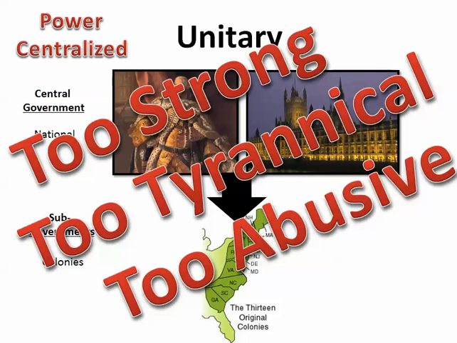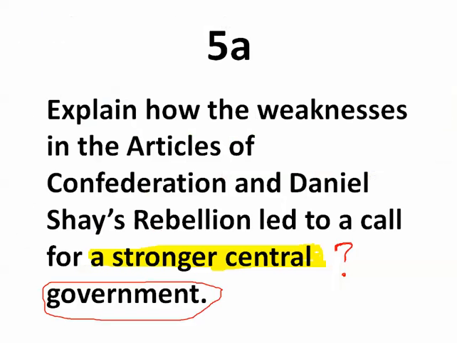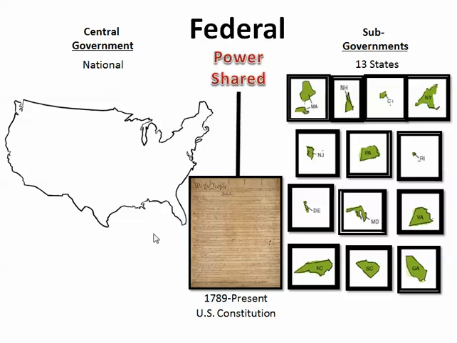And then we changed to one that they said was too weak, the confederal government. So our question was, under the Articles of Confederation, how did the Articles' weaknesses and Shays' Rebellion lead to a call for a stronger government? They want one that's stronger but not too strong, and so they're going to create this federal system of government with the United States Constitution that we're operating under now.